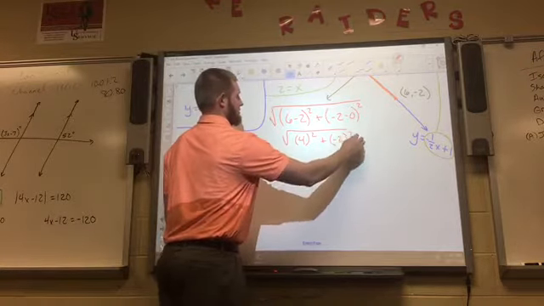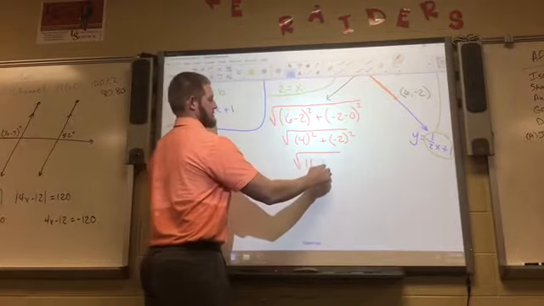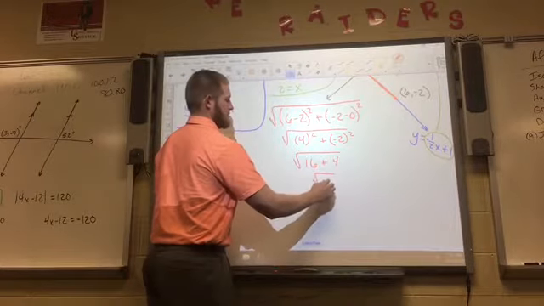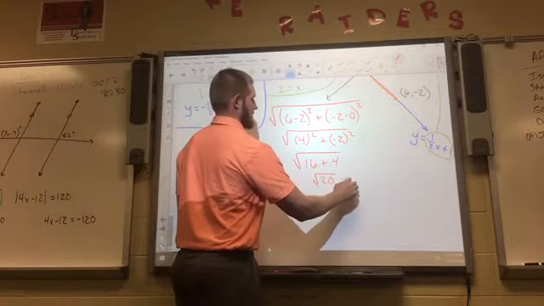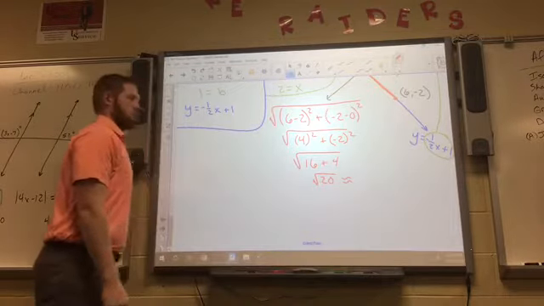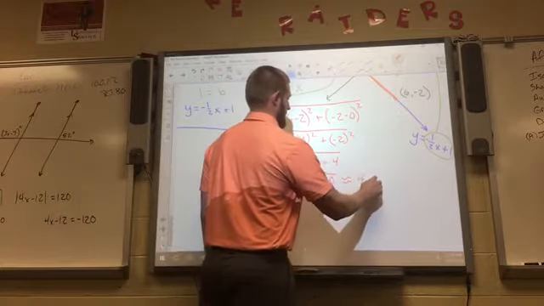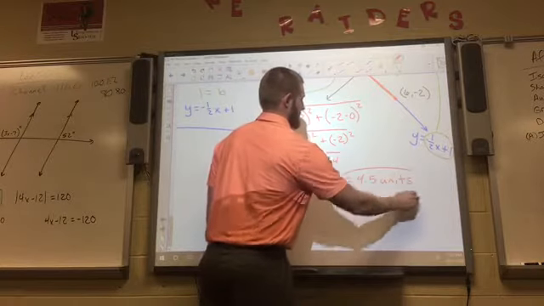And 4 squared is 16, plus negative 2 squared, 4, so the square root of 20 total. Which, if they wanted you to turn that into a decimal, is approximately 4.5 units, which you would be able to do on your calculator.